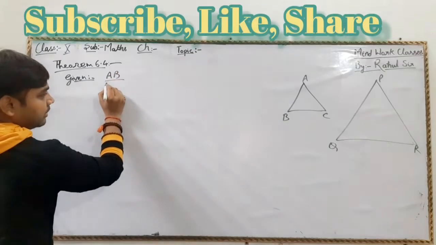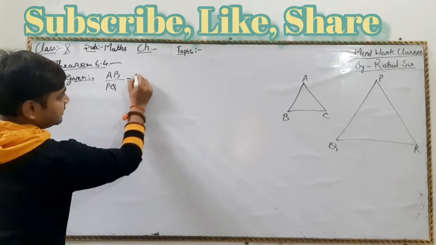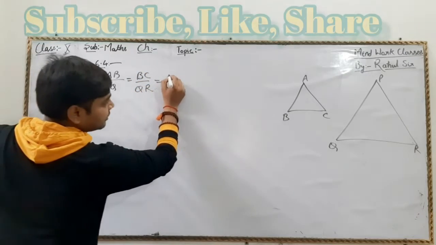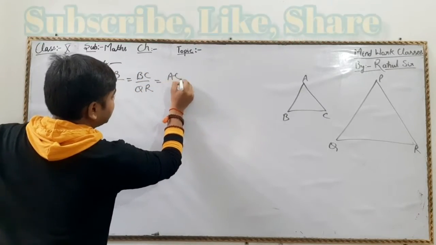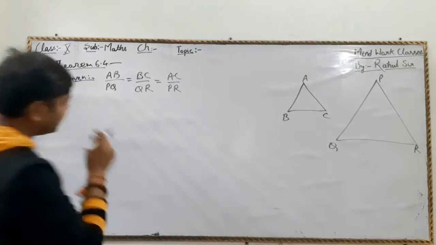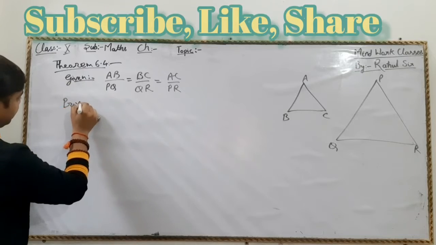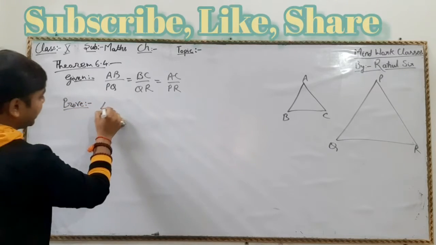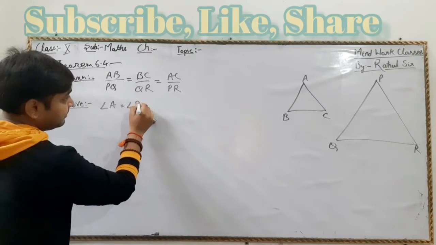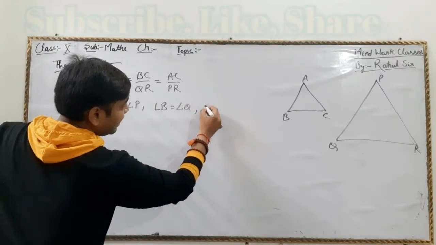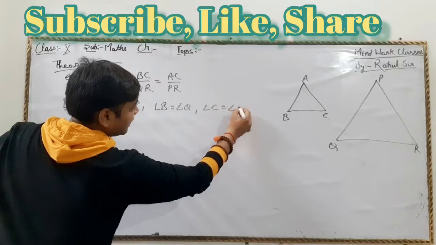AB upon PQ is equal to BC upon QR is equal to AC upon PR. This is given. What do we have to prove? We have to prove that angle A is equal to angle P, angle B is equal to angle Q, and angle C is equal to angle R.